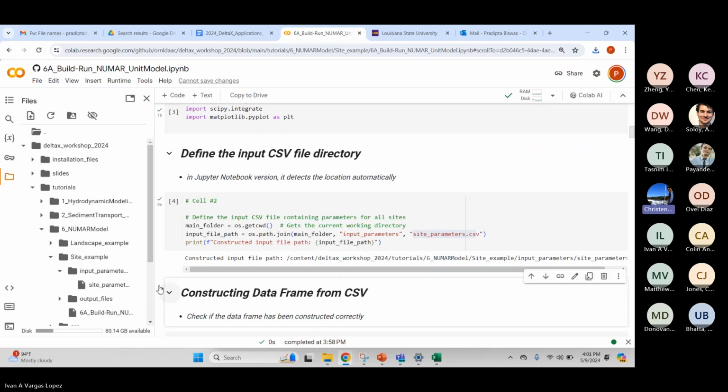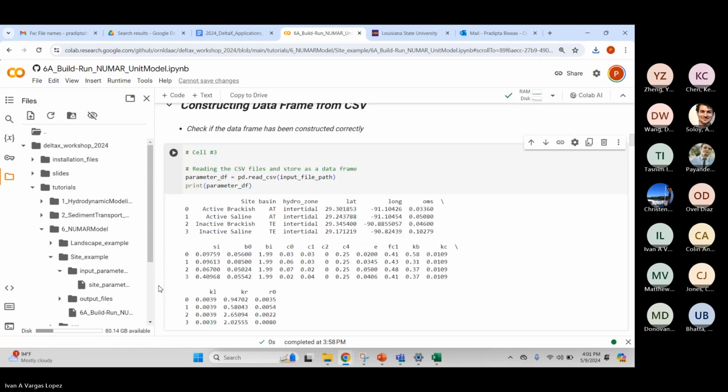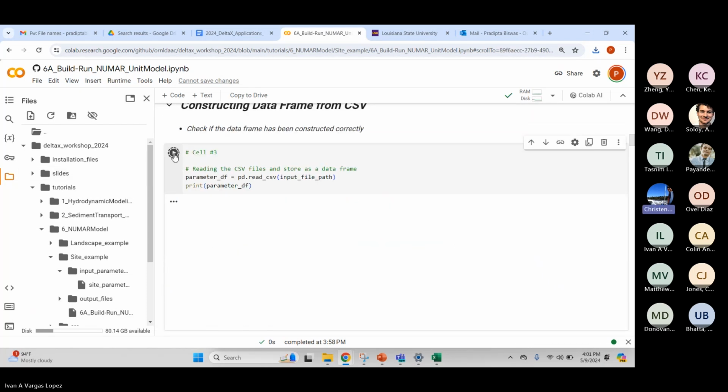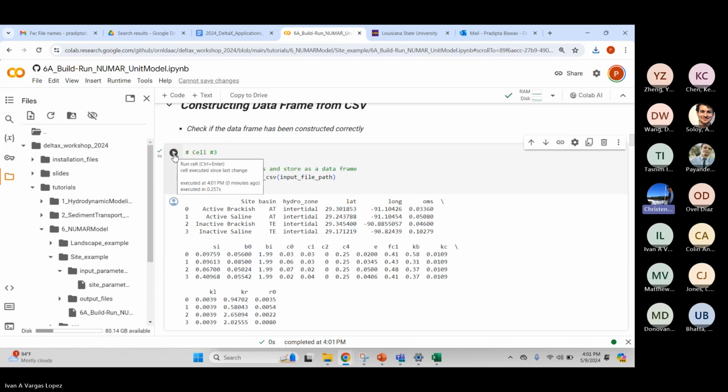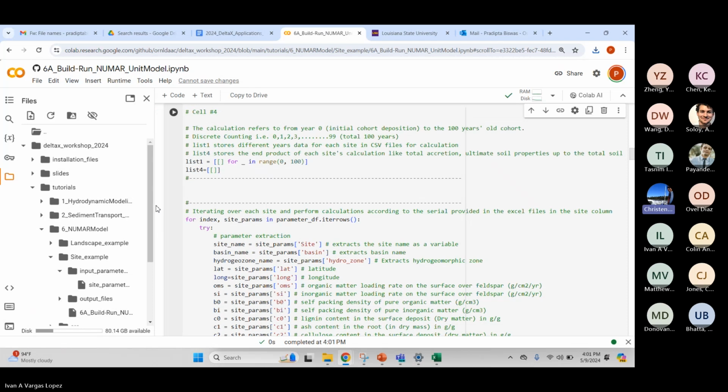We'll keep running the cells. If we run this cell, it will load your data frame. Then you have to scroll down, and in Colab you have to uncomment this cell.